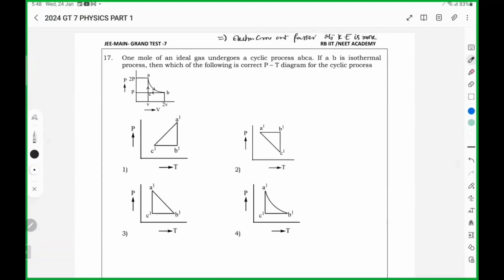Here, the only thing is he has given a PV graph, and is asking for the suitable PT graph.